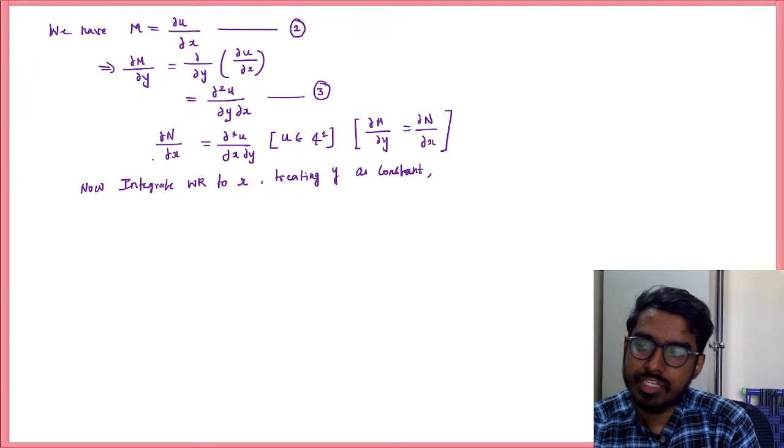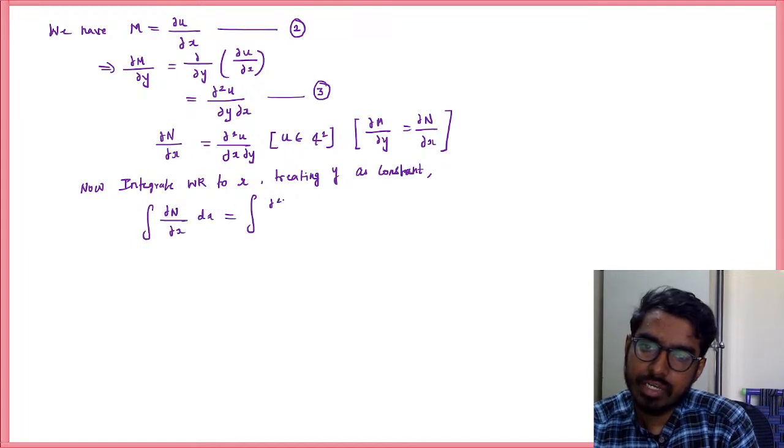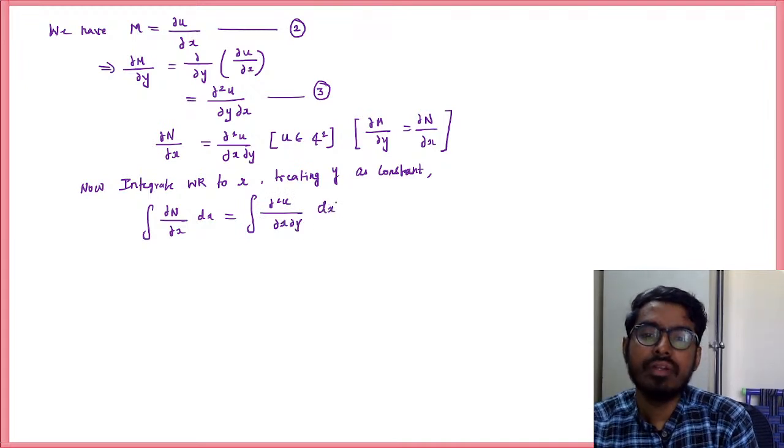So you need to integrate with respect to x. That means the integration of ∂N/∂x, that is the integration of ∂²u/∂x∂y dx, treating y as constant.